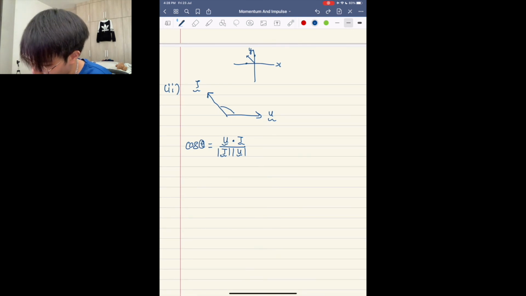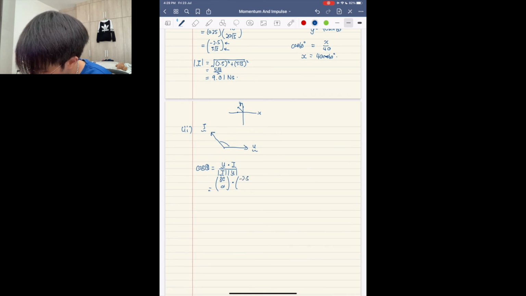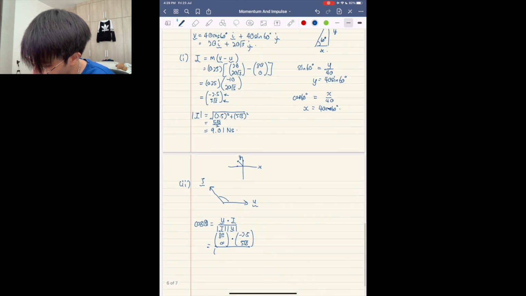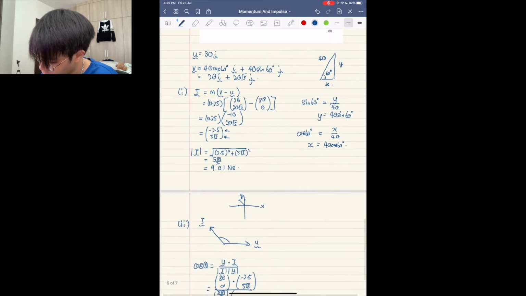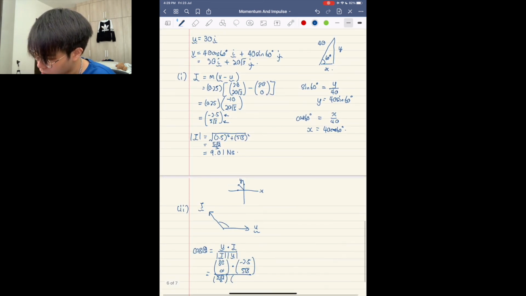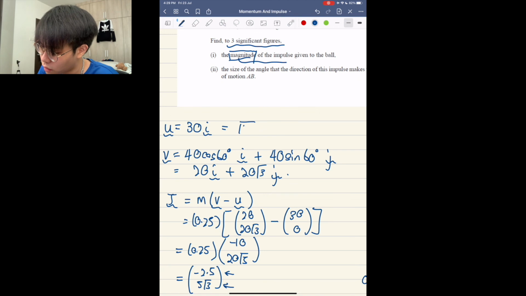Okay, now we can sub the numbers in. u is 30, 0, dotted with minus 2.5 and 5 square root 3, divided by the magnitude of J. The magnitude of J is 5 square root 13 over 2, and u, the magnitude of this will be 30, right? Because square root of 30 squared will become 30, so it will remain the same.